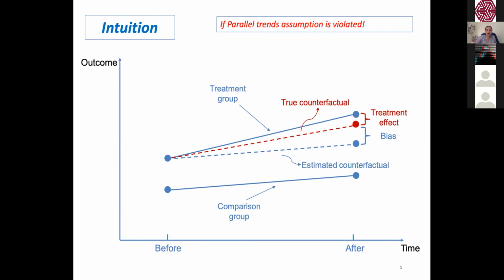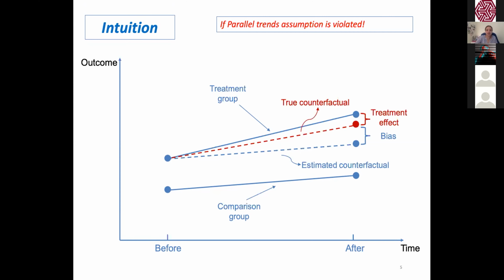If it's not the case, we will have this estimated counterfactual, while for instance, we assume that between the treated group and the control group, the increase will be maintaining the same level, the same difference. But for any reason, without the implementation of TAKAFL, the individuals who are living in households in group 1 decide to increase more their food and fruits consumption because they are more concerned about the nutrition of their children, or because they change their job and they have higher income.